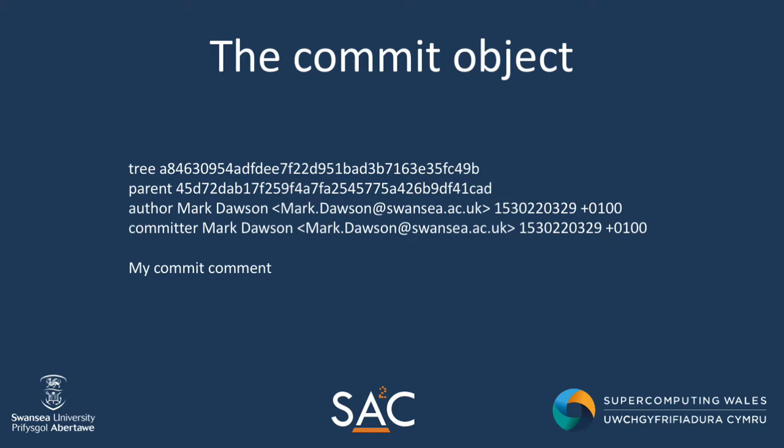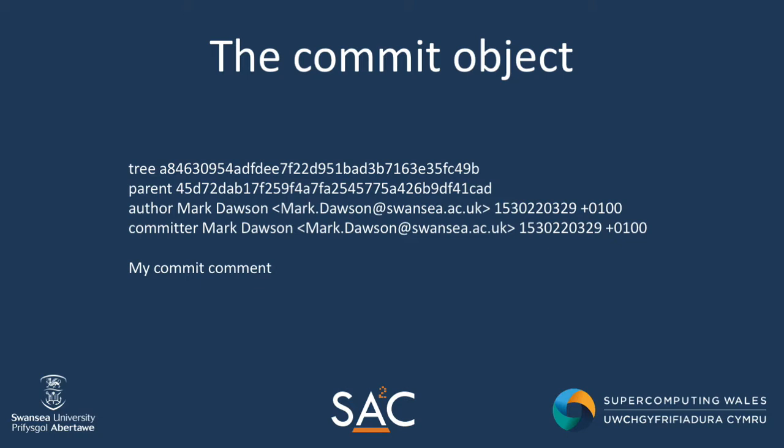It'll tell me the tree, so that's the base tree that we saw. It'll tell me its parent, because this commit might be based on another commit. So if we want to build our branches, we need to know where it came from. It'll tell me the author and the time, the committer and the time, and the commit message.